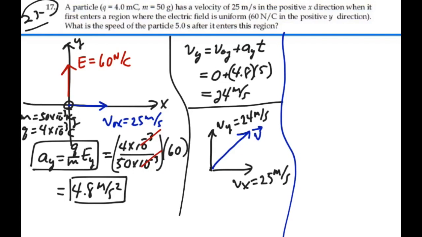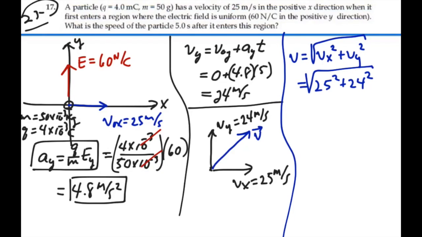So our speed is going to equal the square root of v sub x squared plus v sub y squared, which is the square root of 25 squared plus 24 squared, and that will be our speed. 34.66, so we'll say 34.7 meters per second.